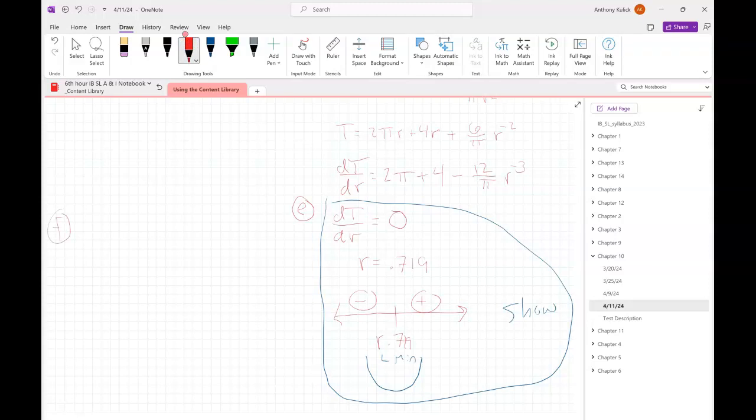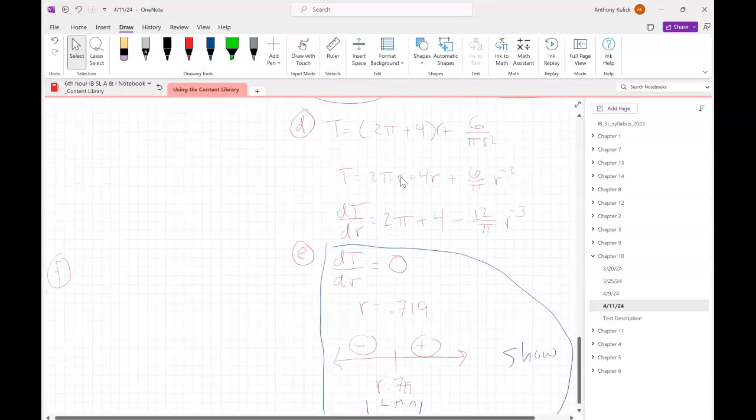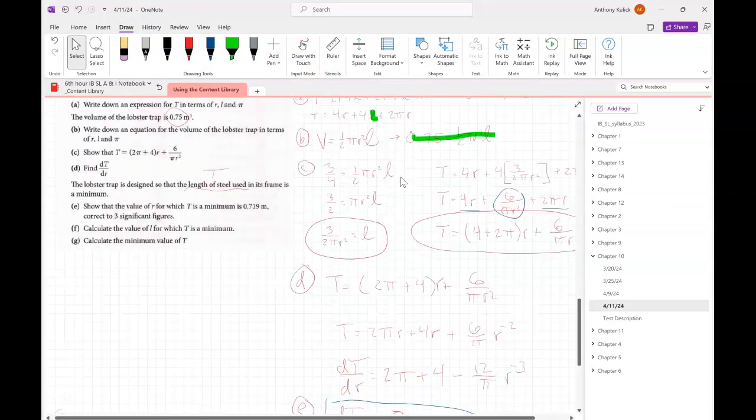F then says, calculate the value of L for which T is minimum. So I need an equation with just R and L in it. I'm going to use that one.